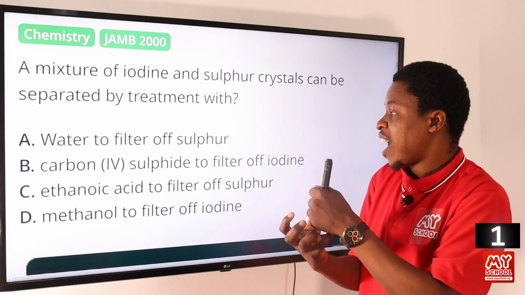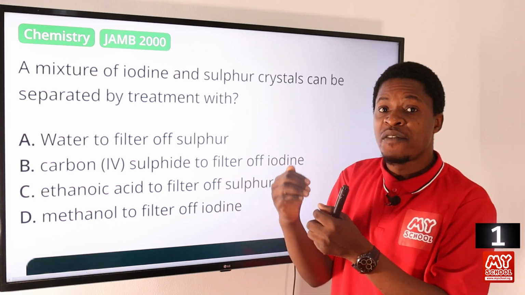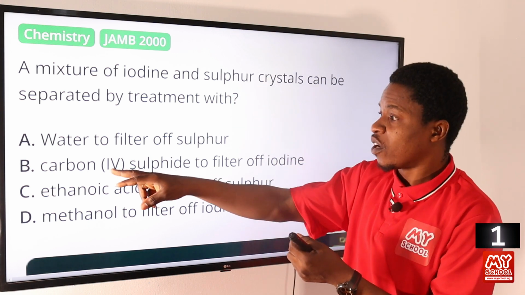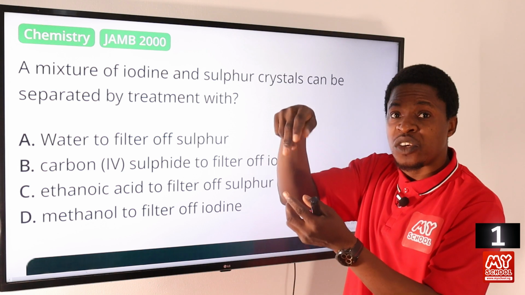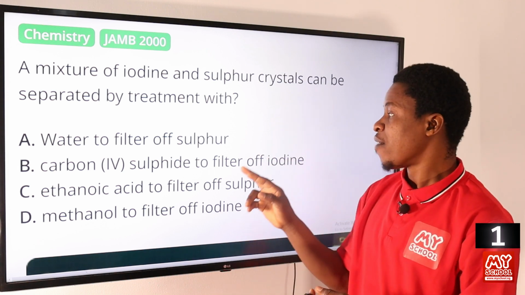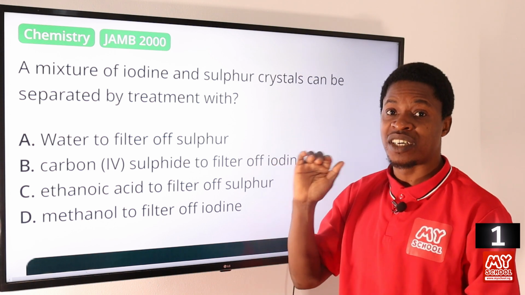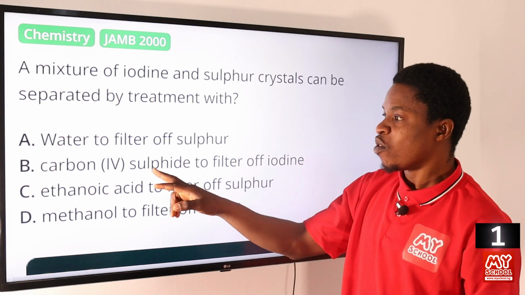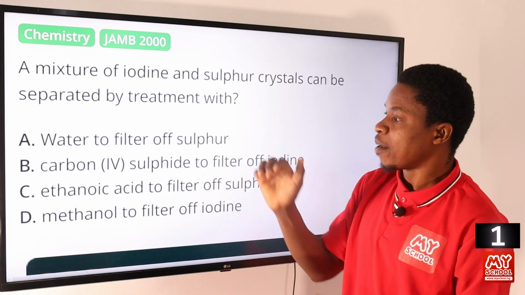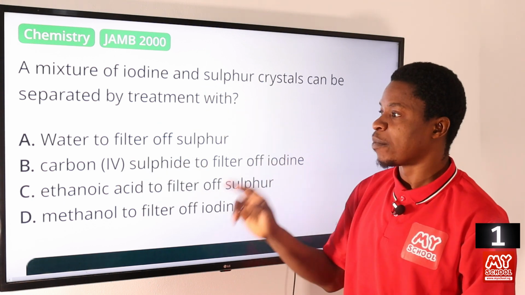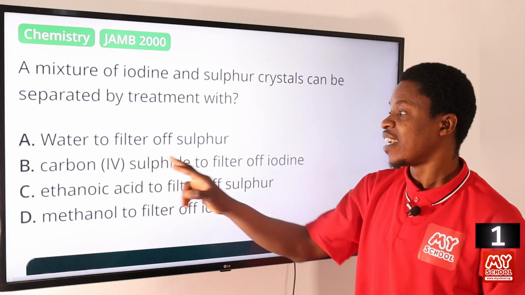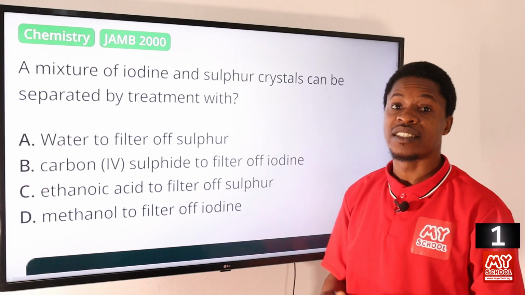So once you filter off that, you'll be able to have the sulfur crystals dissolved in the carbon 4 sulfide, and then that will go through the filter paper into the container, and then you have your iodine as your residue. So in that case, we'll be able to have this sulfur crystal separated and then we have this separated. So the right option is option B, carbon 4 sulfide to filter off iodine.